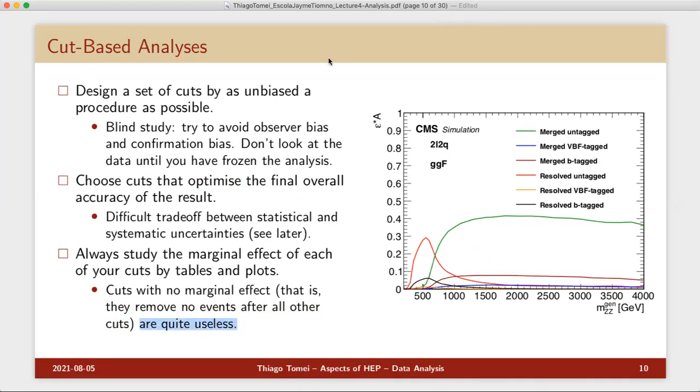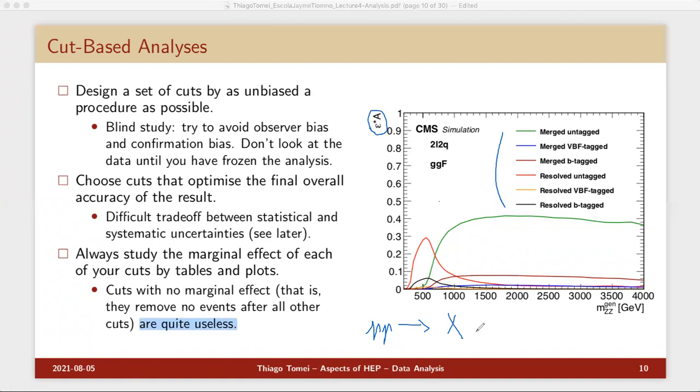You can see here on the right the effect. Remember, efficiency times acceptance. You can see here the effect of 6 different kinds of cuts on a search for resonant ZZ production, so something like proton-proton going to a new resonance, going to ZZ, as a function of the mass of the resonance.